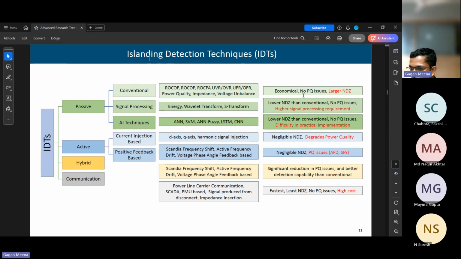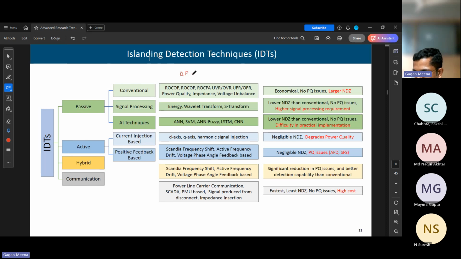The advantage here is that this is very economical and there is no degradation of power quality, which we will see is there in the active islanding detection technique. Yes, I was talking about the mismatch.